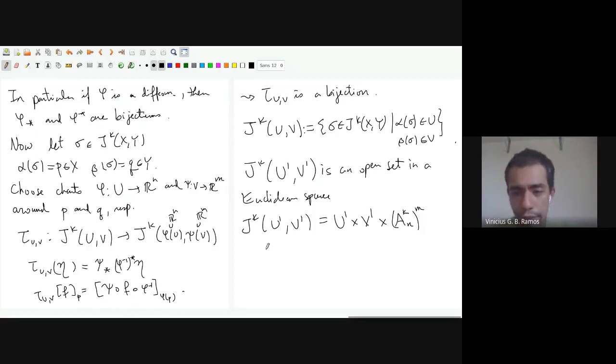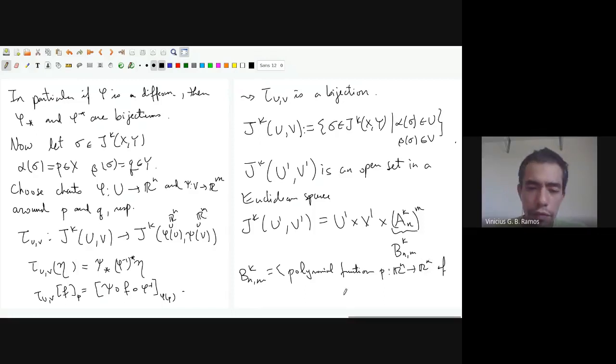Okay, I already said what it is. You can also call this B^k of n, m, where B^k is the set of polynomial functions from Rn to Rm of degree less than or equal to k, such that the constant term is 0.